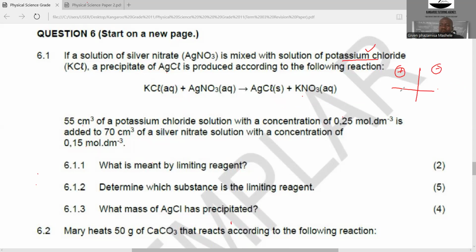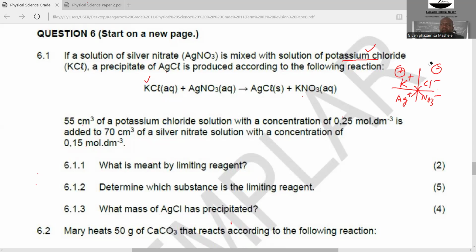Here we put the positive ion, here the negative ion. Potassium is in group 1, so it will have a positive charge, then chlorine will be minus because the sum of charges must be 0. Silver is a positive ion, then nitrate is a negative ion. Then they cross multiplied. That's why they got this. I believe you are following.